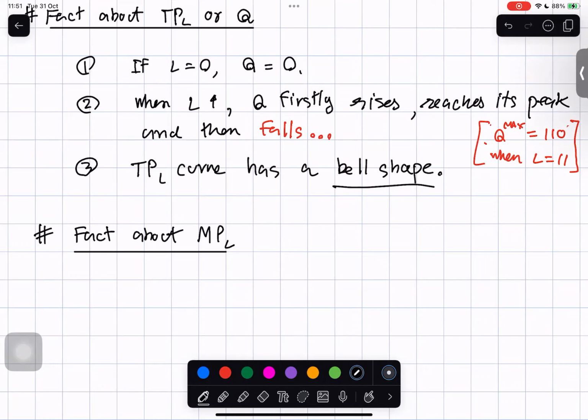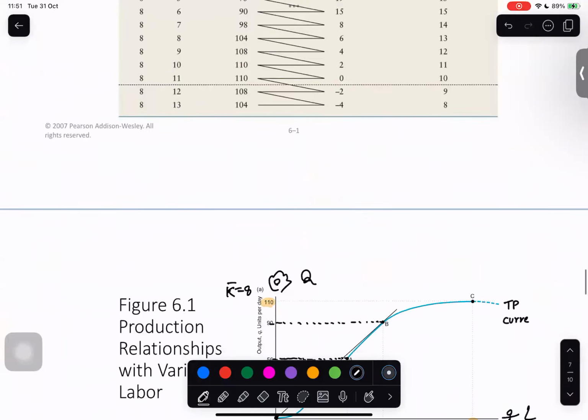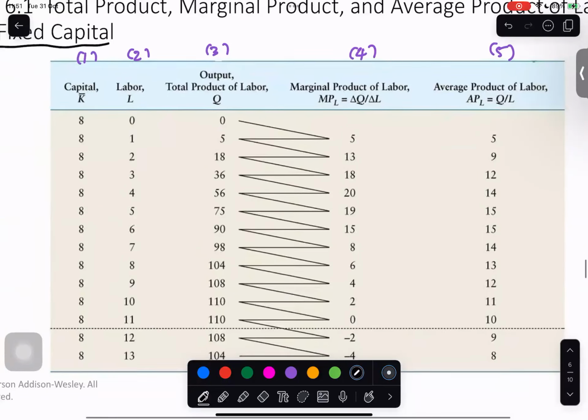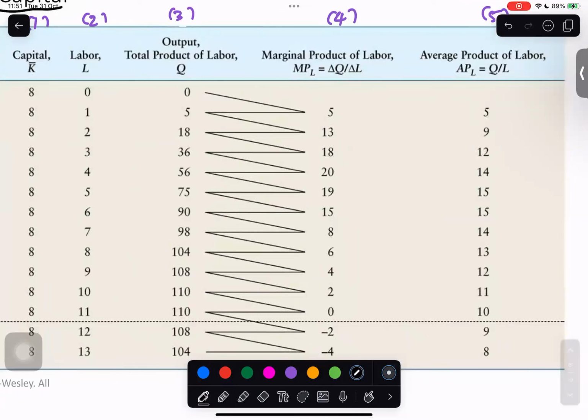Say something about marginal product then. Marginal product, right? First of all, what is a marginal product?